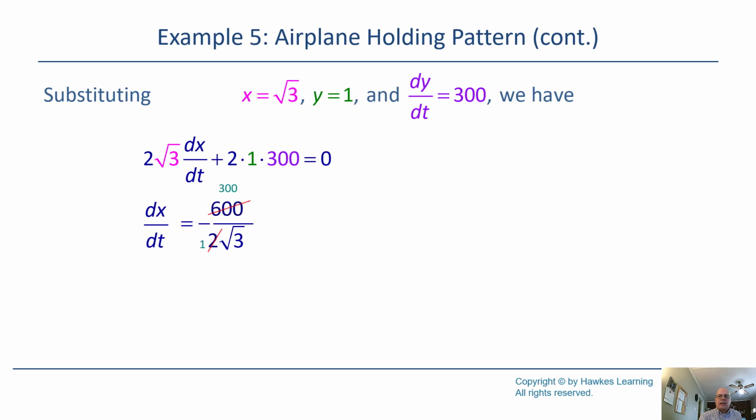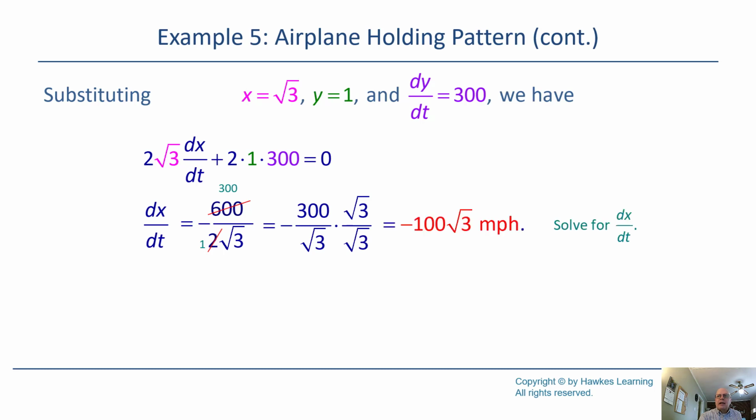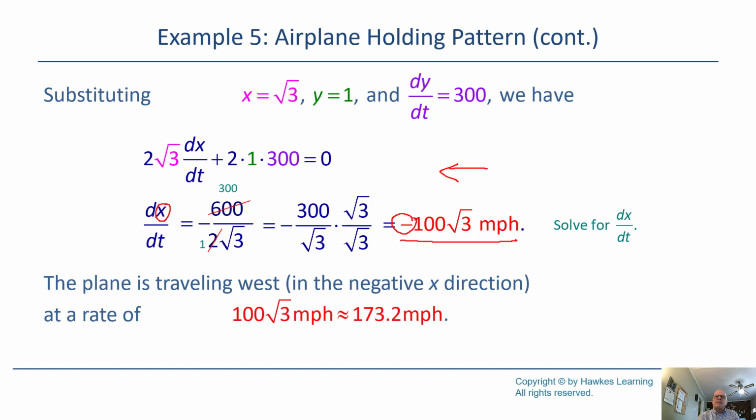We can reduce that a little bit, which gives us this, and that is our solution for dx/dt. So this is how fast in the west direction, notice it's a minus, and we're talking about dx/dt, so that means it's going west as opposed to east. If this were positive, it would be east. And that gives us a value, an absolute value or amplitude for how fast it's traveling west.